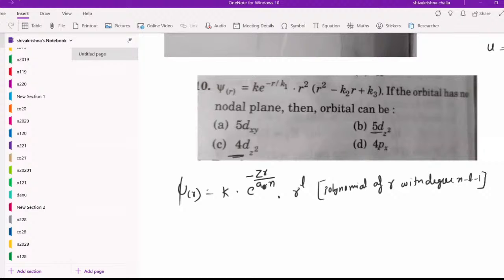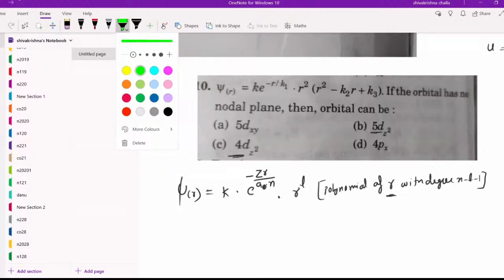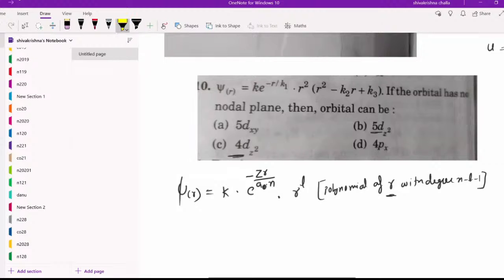For every psi function, you have to remember psi r is equal to k into e power minus z r by a naught n into r power l into a polynomial of r with degree n minus l minus 1. Here r power l, and here l equals 2. Polynomial degree n minus l minus 1 equals 2. Whenever they give a psi, compare it with this equation. From the comparison, l is equal to 2, and n minus l minus 1 is equal to 2.